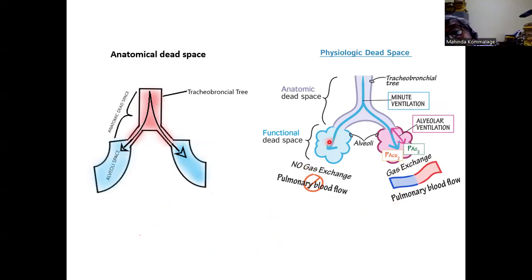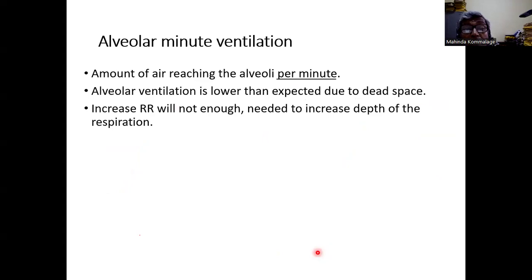Altogether, the anatomical dead space and this dead space we call physiological dead space, right? So ideally in a normal healthy adult, they should be equal. Because of the dead space, we should define some important volume.